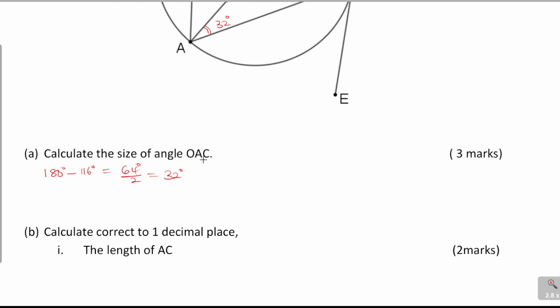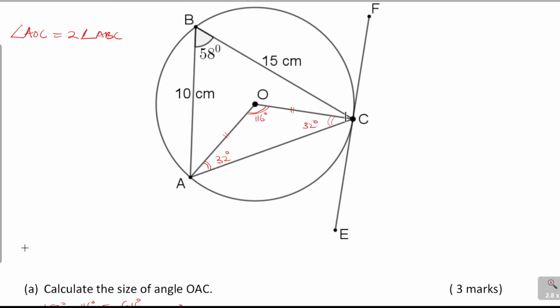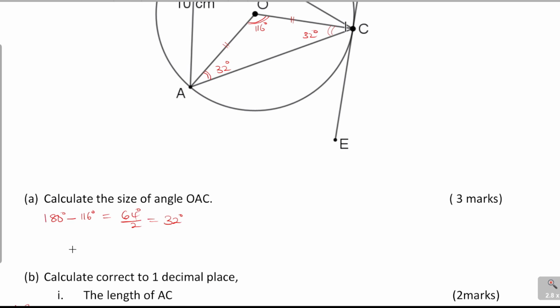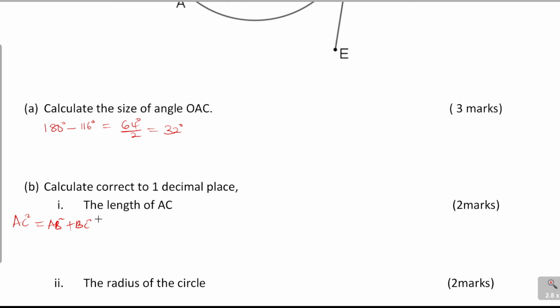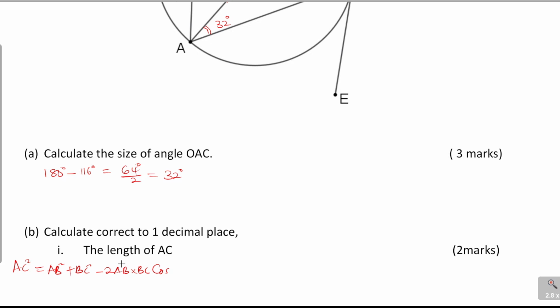AC squared is equal to the two sides squared, that is AB squared plus BC squared, then minus 2 multiplied by AB multiplied by BC, then multiplied by the cosine of the angle between, that is 58 degrees.